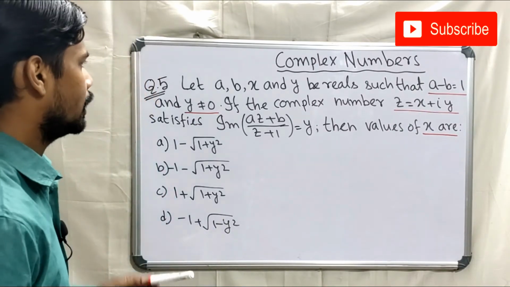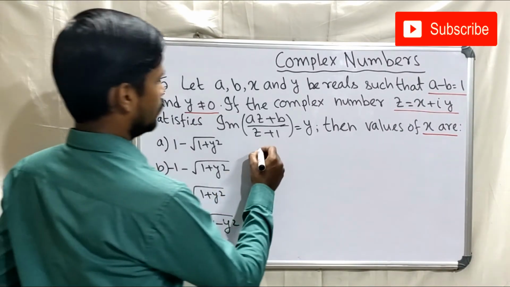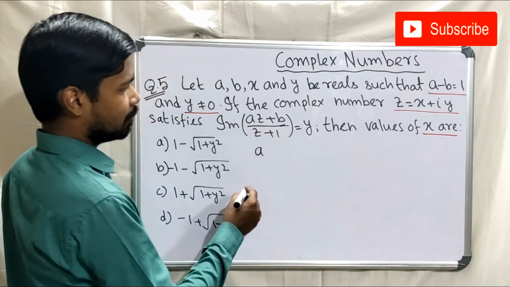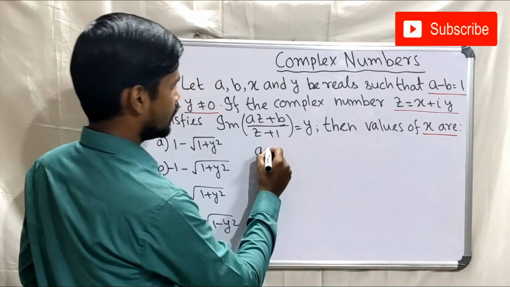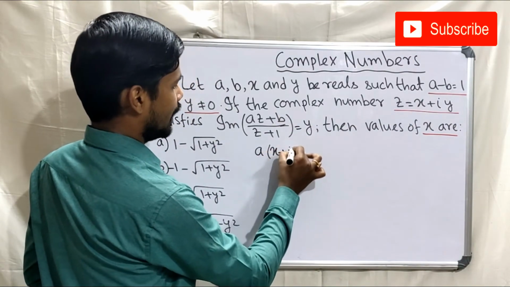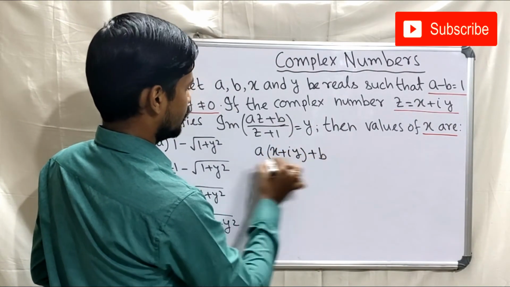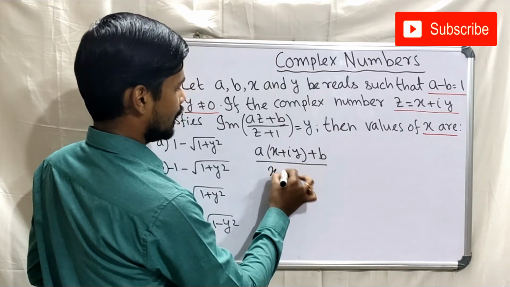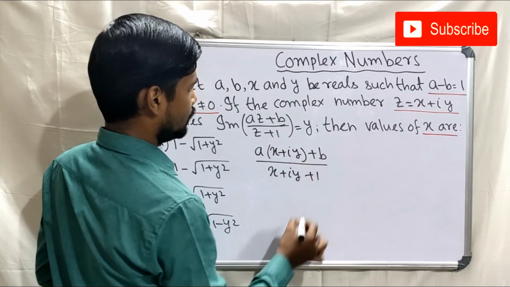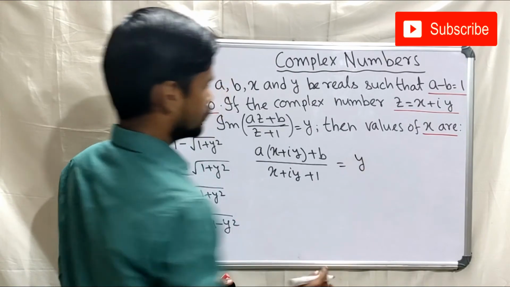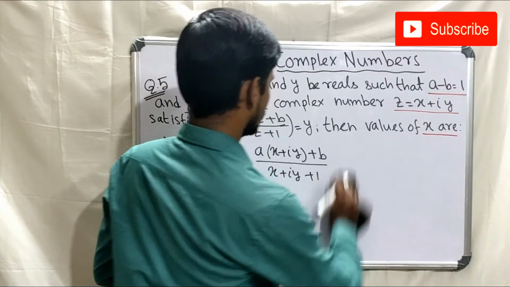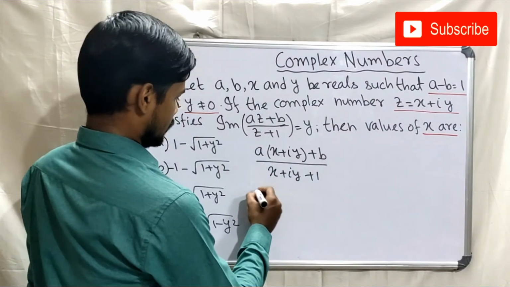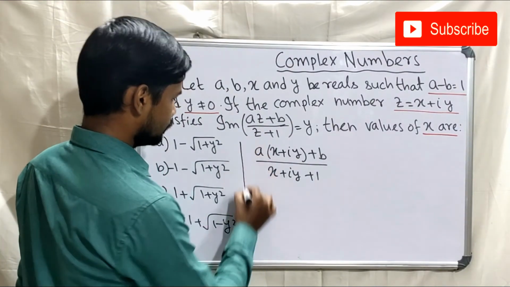Okay, so let's start with the complex number (az plus b) by (z plus 1). Putting the value of z, that is a into (x plus iy) plus b, by x plus iy plus 1. Sorry, this is not equal to y; the imaginary part of this number is y. So at first let's simplify this one.